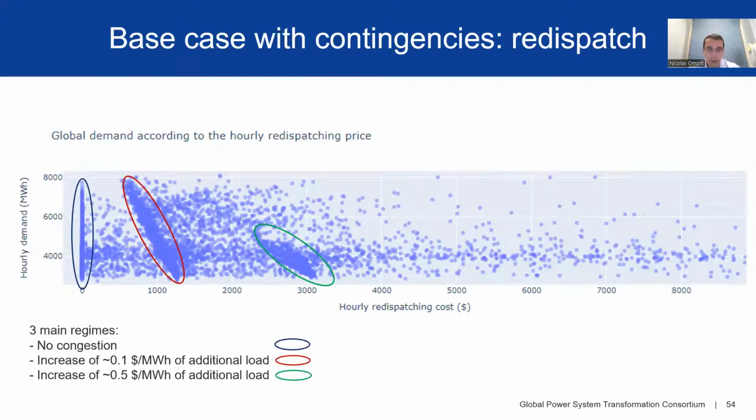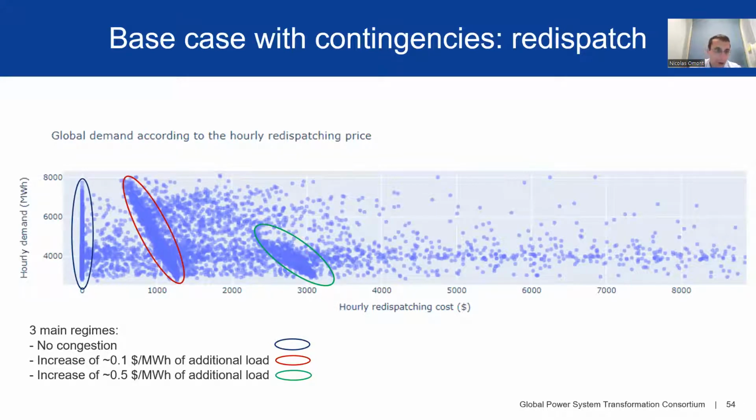Then a smaller result on the redispatch. You can see that the redispatch cost per hour is between $0 and $8,000. And you see that there are 3 regimes in which an additional megawatt hour of demand is increasing the congestion, which is somehow expected.